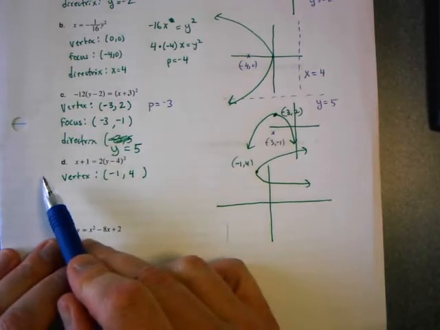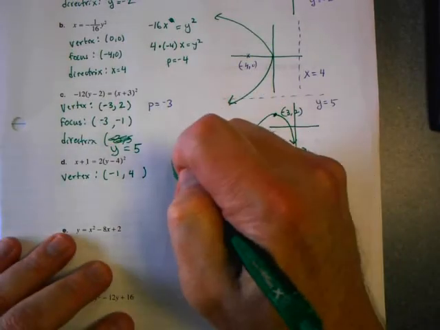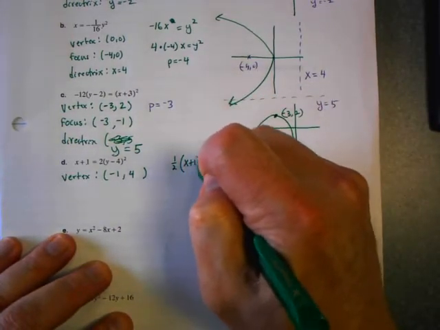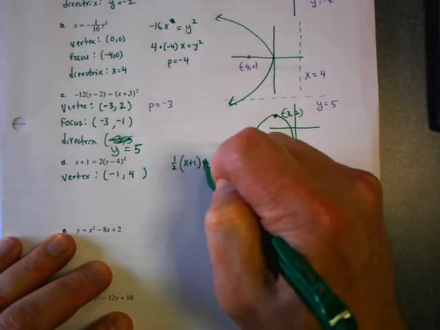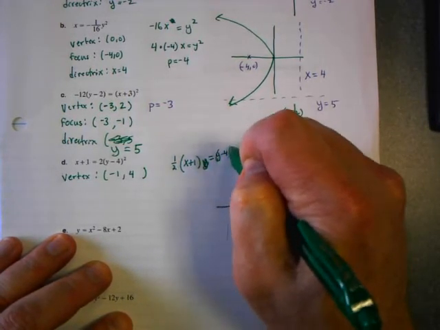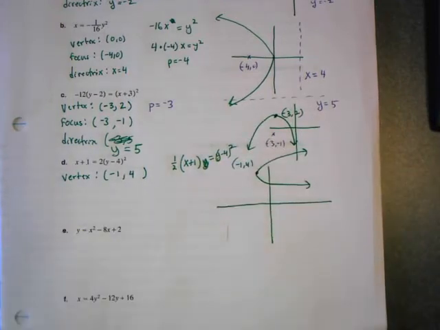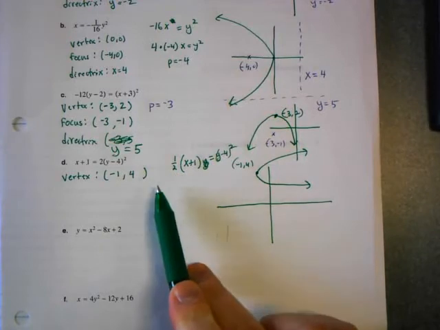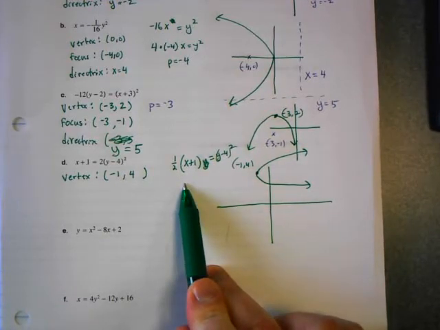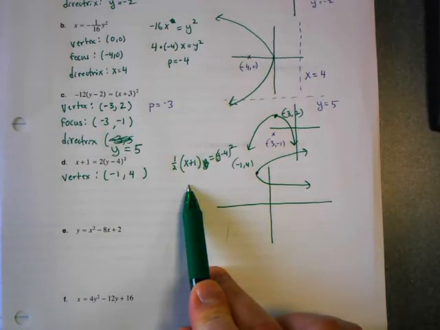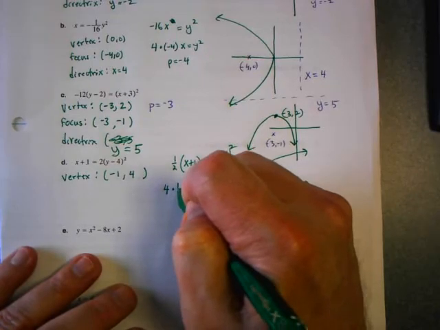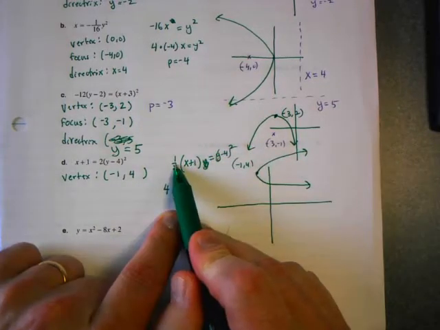So first we got to divide both sides by 2. So I'm going to write it as 1/2 times x plus 1 equals y minus 4 squared. And then this number that's a 1/2, I need it to be 4 times something. 4 times what gives you a 1/2? Her answer was correct. That's 1/8. So it's 4 times 1/8 to get that 1/2 back.